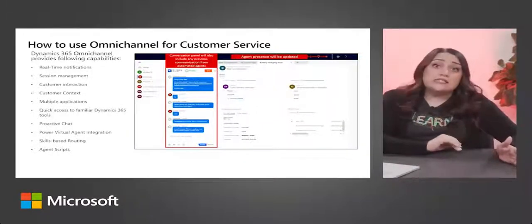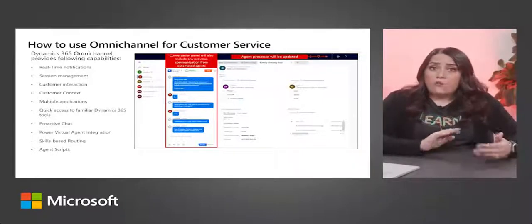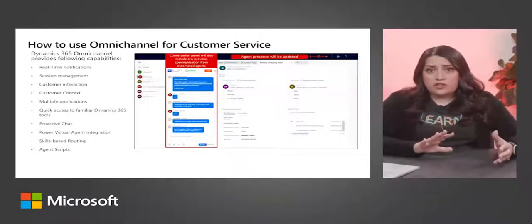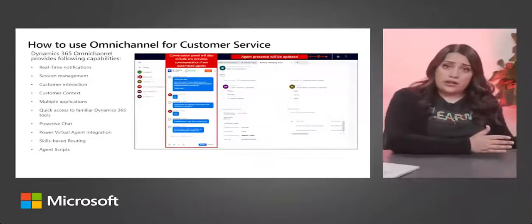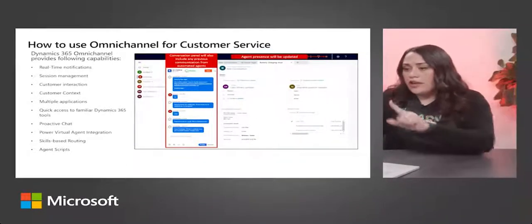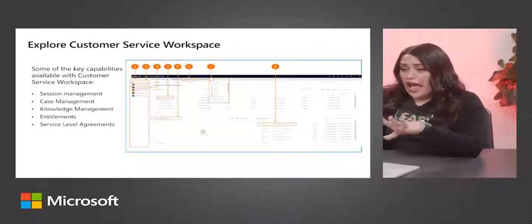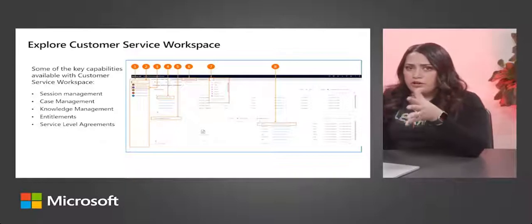So Dynamics 365 Omnichannel for Customer Service, with this, your agents can interact with customers through all these different channels while still having the same insight to any past interactions. And so when you're inside of the customer service workspace, your agents are going to have what we call session management.